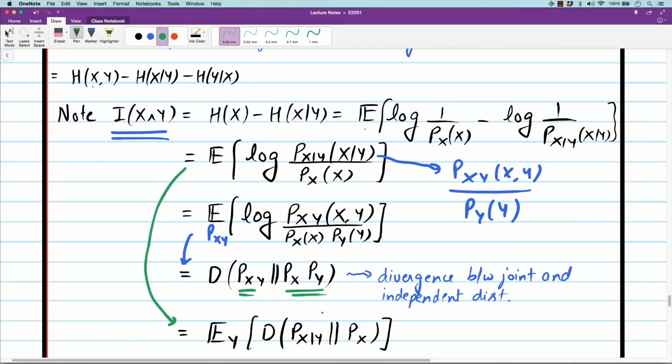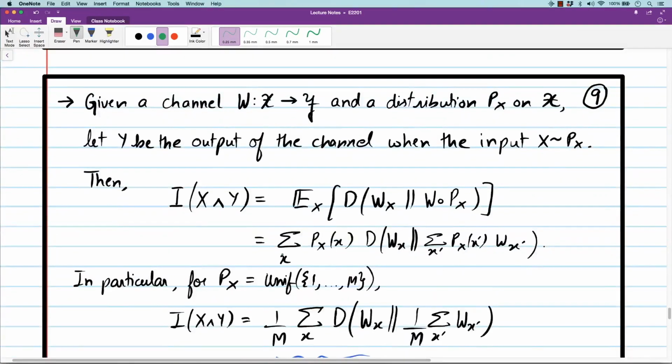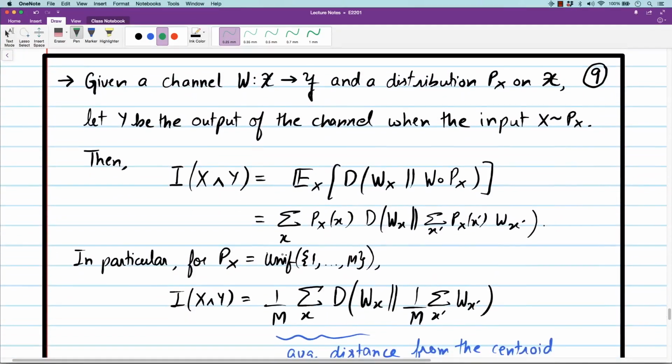We were asking if there is a notion of distance that controls the M-ary hypothesis testing problem. The goal there was to understand if the difficulty of an M-ary hypothesis testing problem is related to distances. But that's also related to whether the information revealed by y about x is related to some notion of distances. And we have some insight into this through this formula. So let's discuss this a little bit more.